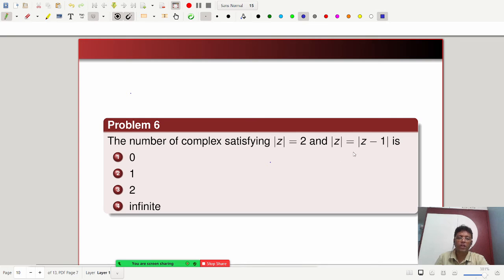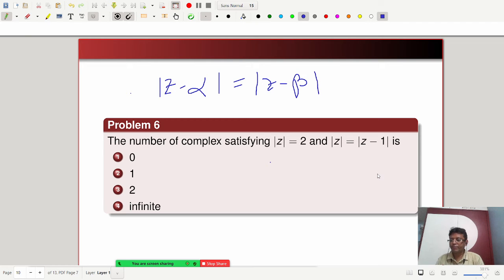And |z - alpha| = |z - beta|, what does it represent? It represents the perpendicular bisector of the line segment connecting alpha and beta.